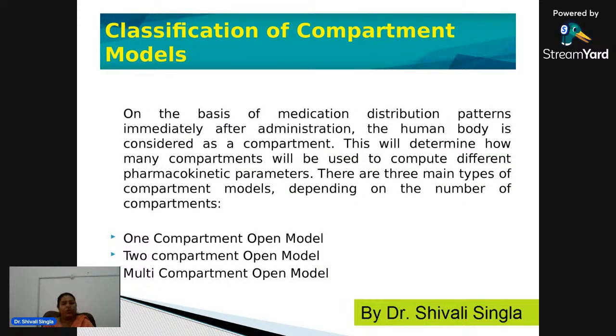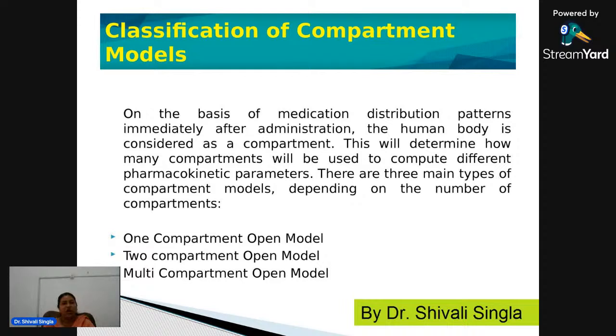Now, classification of compartment models. On the basis of medication distribution patterns immediately after administration, means when a person takes medicine, how much drug gets distributed, and the pattern of drug distribution decide how many compartments we have to consider for calculations. The human body is considered as compartments.